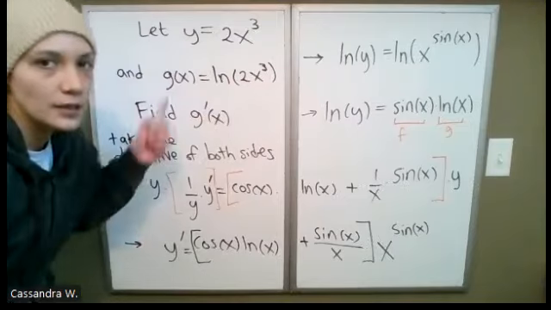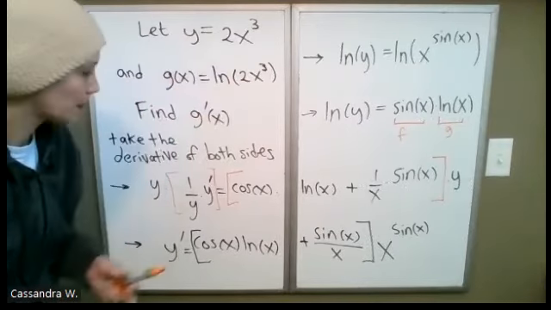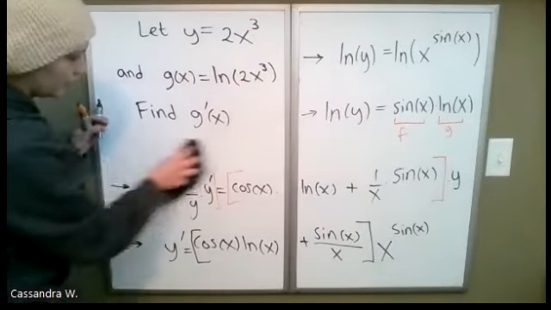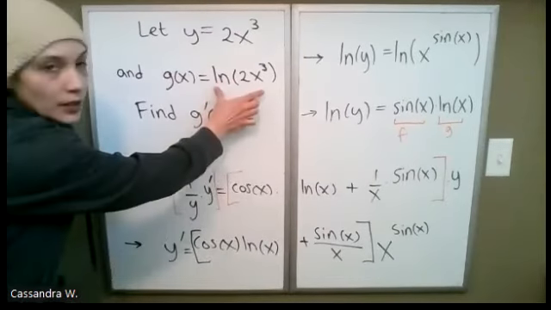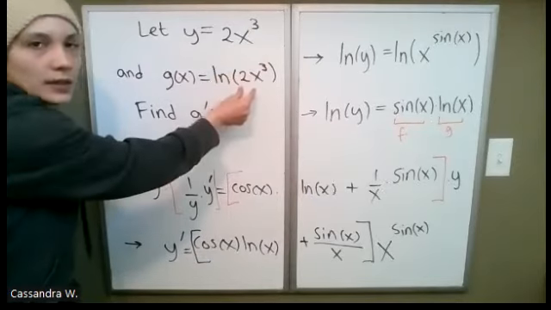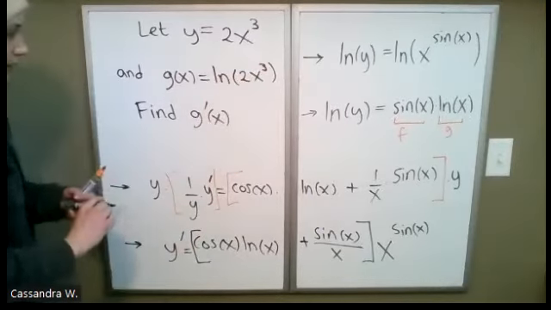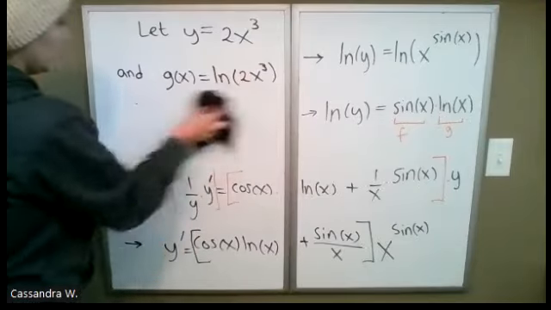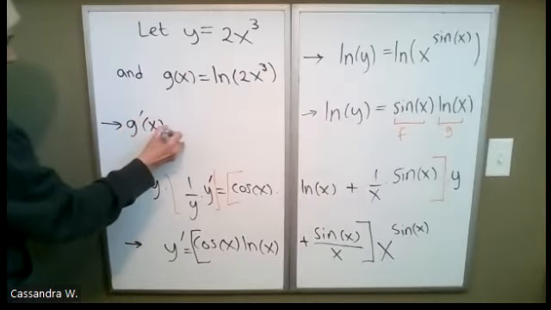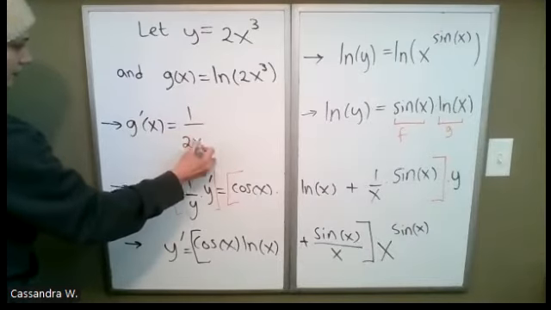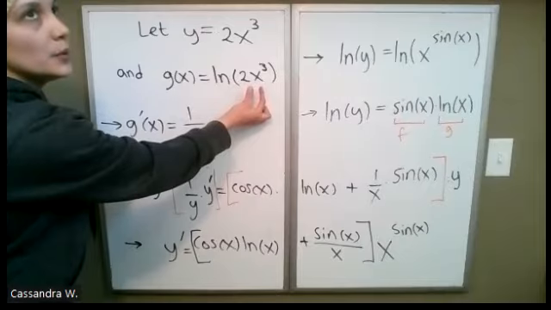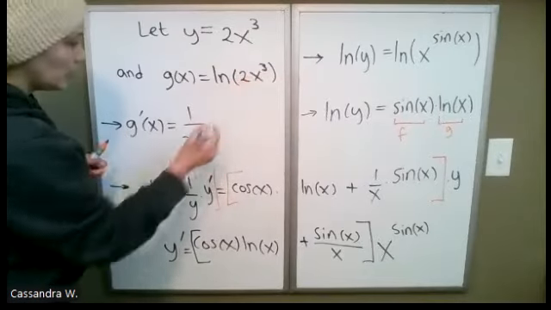Okay, so get the derivative of that function g. So you start with the outer function ln of x. Getting that derivative would give you 1 over the 2x cubed. And then you get the derivative of the inner function, which would be 6x squared, and then multiply it with that.